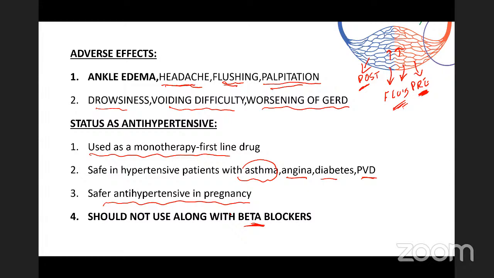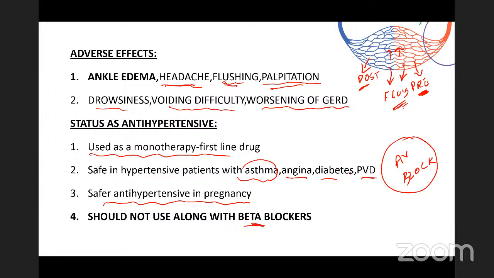It causes additive sinus depression, resulting in bradycardia and ultimately AV block. It can turn a partial heart block into a complete heart block in patients with cardiovascular disease. So remember, a beta blocker should never be combined with a calcium channel blocker, especially verapamil and diltiazem, because they are cardioselective calcium channel blockers.